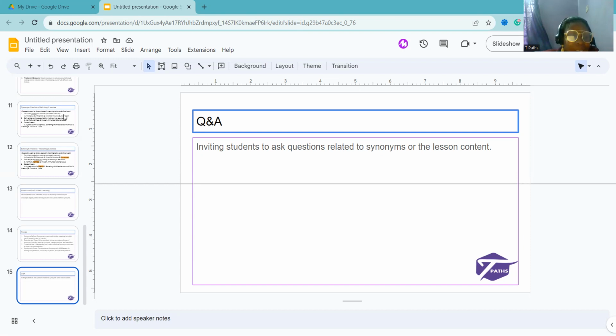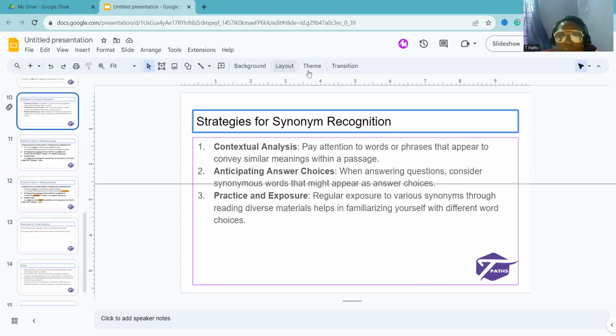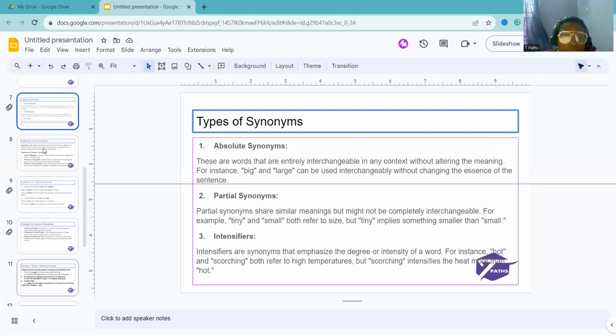Partial synonyms share similar meaning but might not be completely interchangeable.